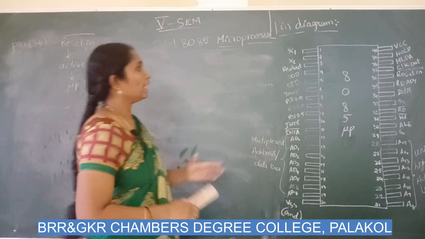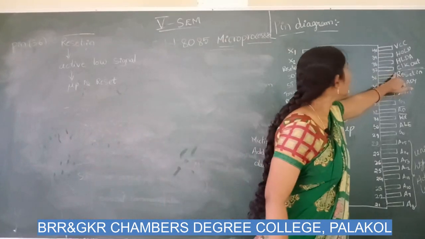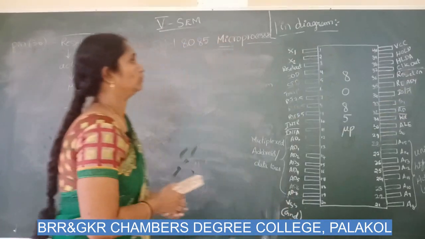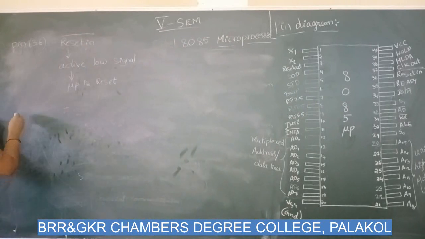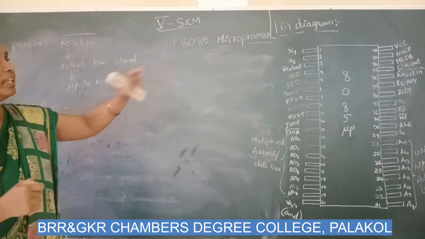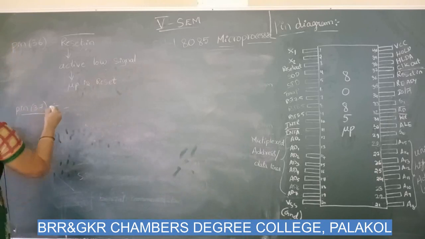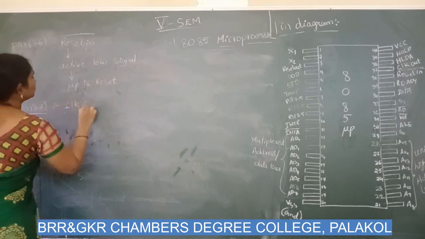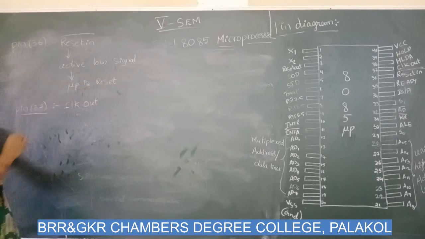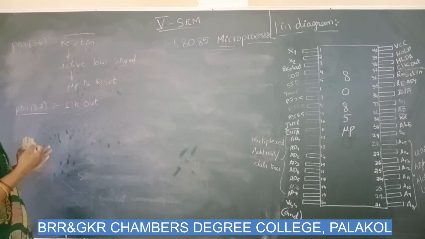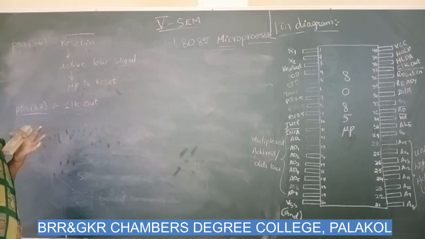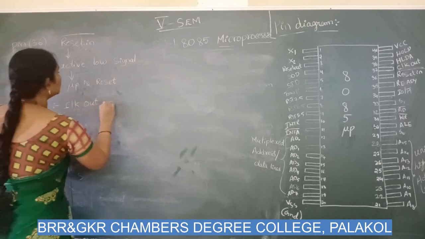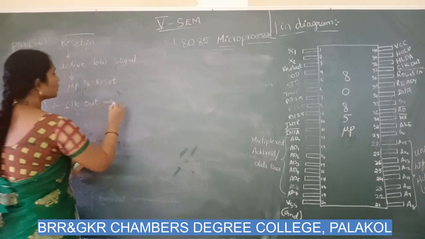Next one is pin number 37, the clock out, which is used for the system clock generation.